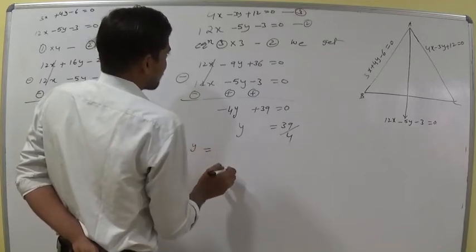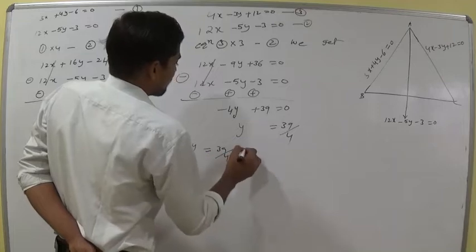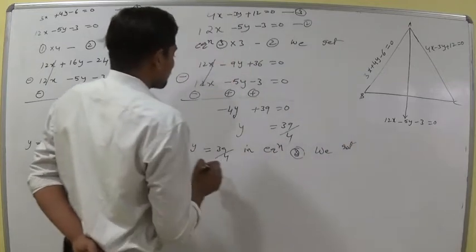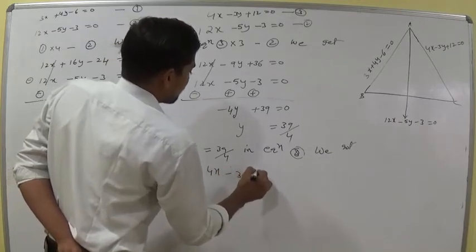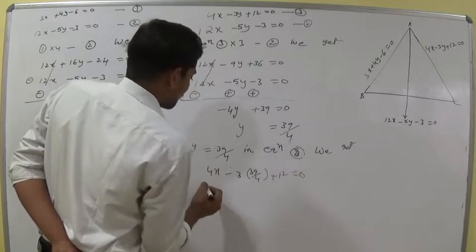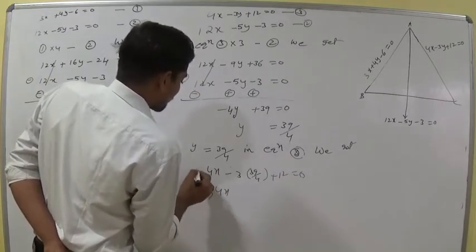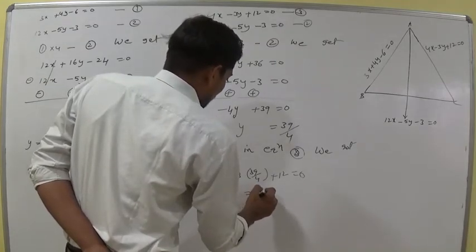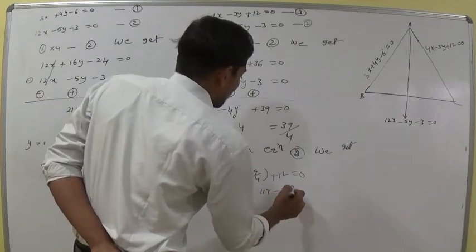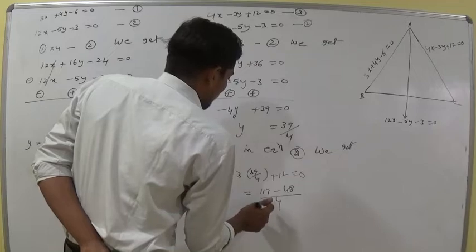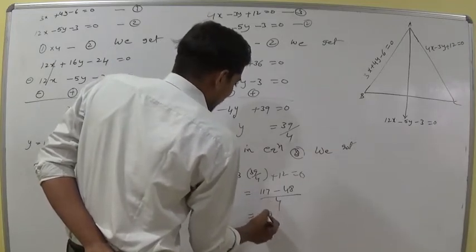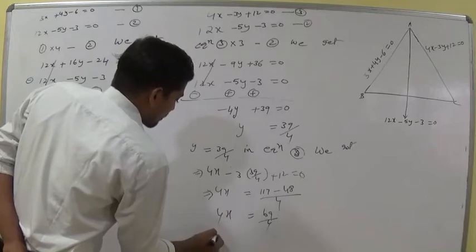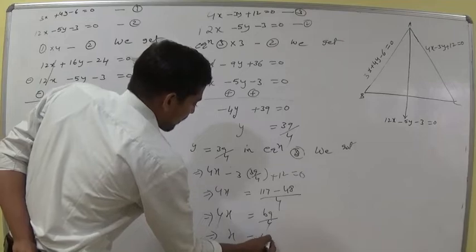Substituting y equal to 39 by 4 in equation 3, we get 4x minus 3 into 39 by 4 plus 12 equal to 0. 4x equal to 117 minus 48 by 4, which is equal to 69 by 4, and that implies x equal to 69 by 16.